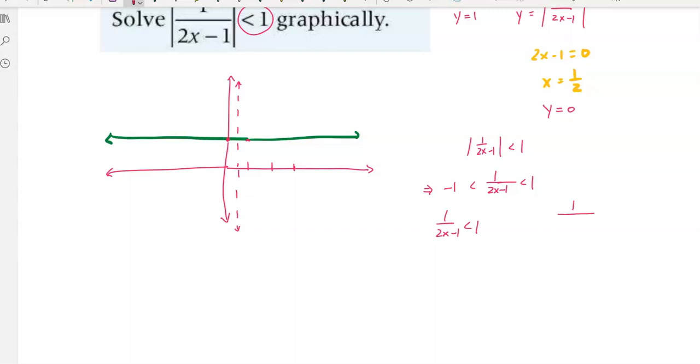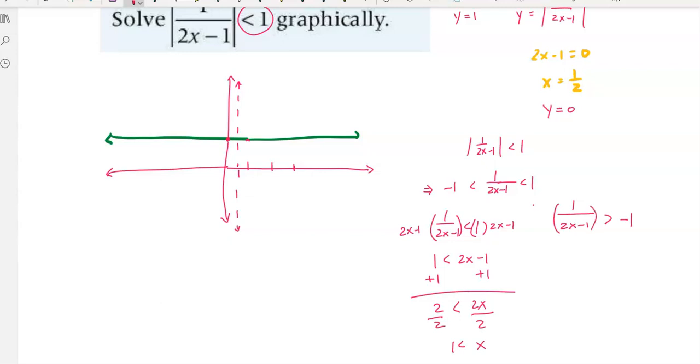I like to split it up so you can actually see. We have 2x minus 1, 2x minus 1. 1 is less than 2x minus 1, plus 1, plus 1. 2x is greater than 2. 2x is greater than 1. Multiply by 2x minus 1. 1 is greater than negative 2x.